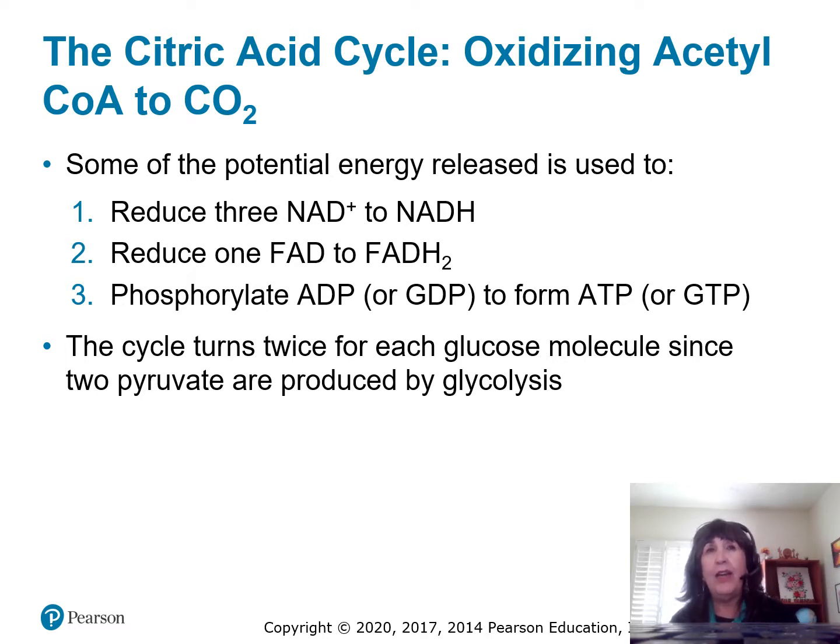It says here, the citric acid cycle turns twice for each glucose molecule. Remember at the very beginning, glucose in glycolysis is broken down to 2 pyruvate molecules, and that's why the cycle has to turn twice, once for each of the pyruvates.